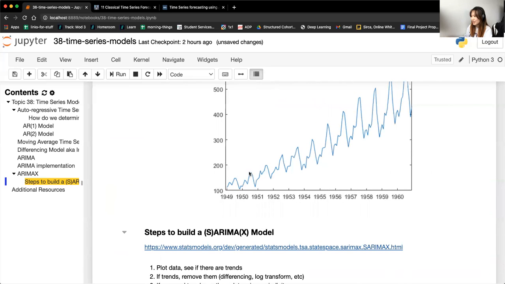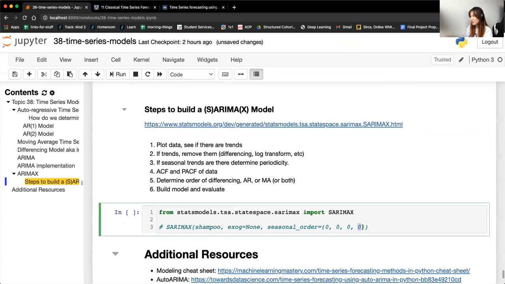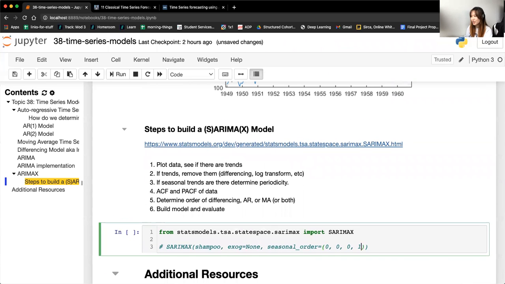You can see constant ups and downs, and it seems like this is happening every year. Let's say this is monthly data, so the season resets every year with 12 data points per season. My number here would be 12. If it's daily, I put 365.